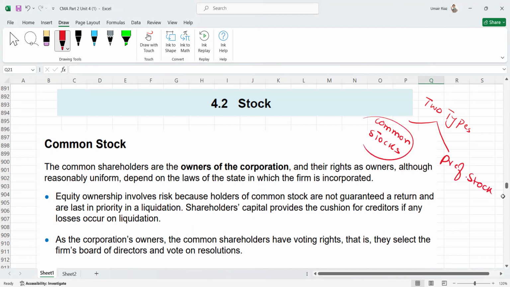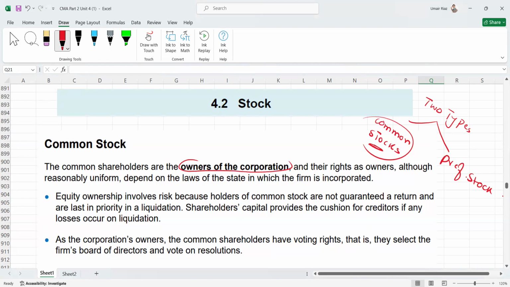Please remember, guys, common stockholders are considered the owners of the corporation. Why are they called owners? Because they have voting rights. Voting rights mean they have a right to select the board of directors.